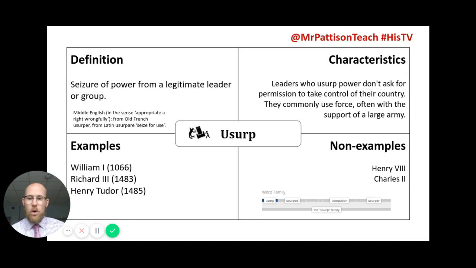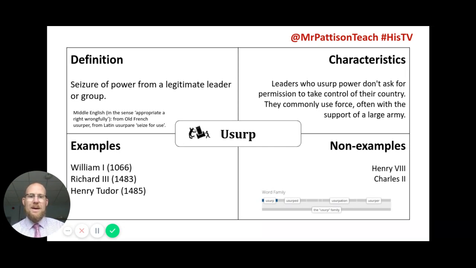The second box, which always has to be part of your Frayer model, is characteristics or key features, as it were. This is crucial because this is what the characteristics that can be recognised as fitting the definition of usurp. Leaders who usurp power don't ask for permission to take control of their country.